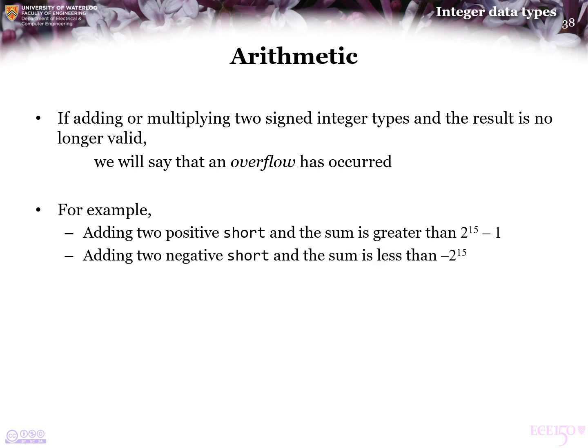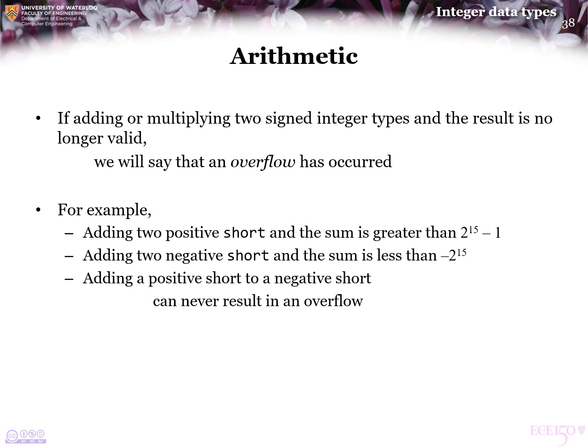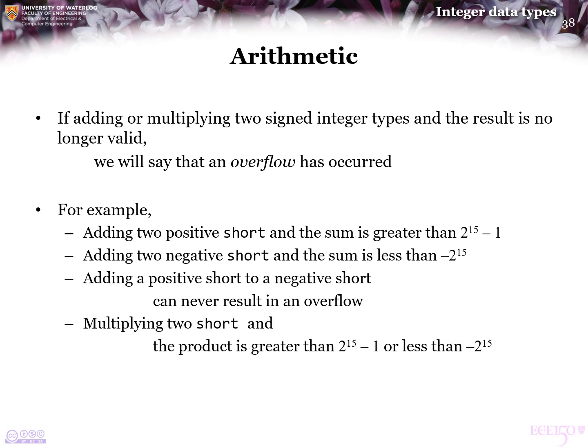Adding two negative short and the sum is less than negative 2 to the 15. Adding a positive and a negative short together can never result in an overflow. Also, multiplying two short and the product is greater than 2 to the 15 minus 1 or less than negative 2 to the 15. If any of these operations occur, we shall say that an overflow has occurred.